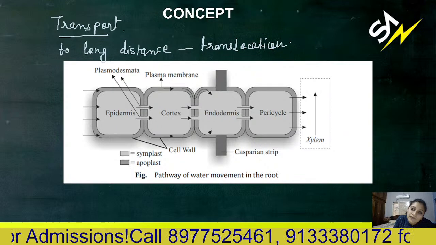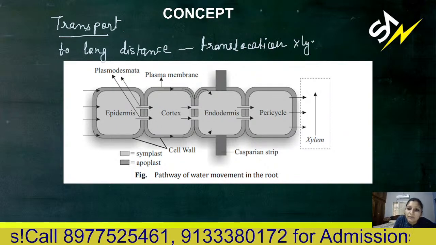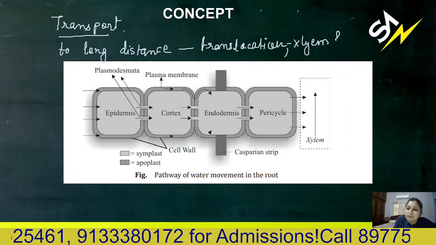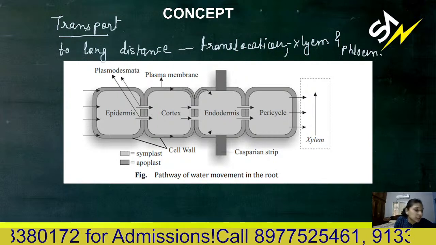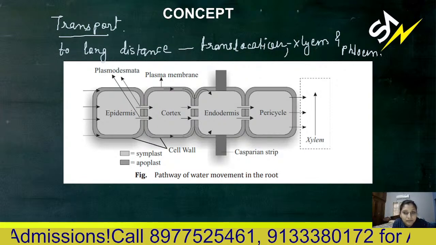And in the case of translocation, what will be used? Xylem and phloem. You'll require involvement of xylem as well as phloem. This type of transportation over long distance is known as translocation.